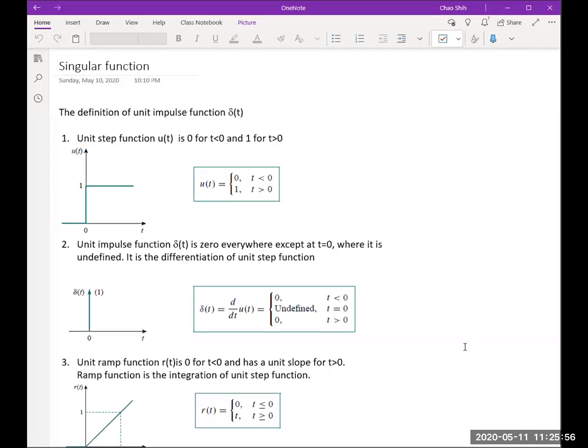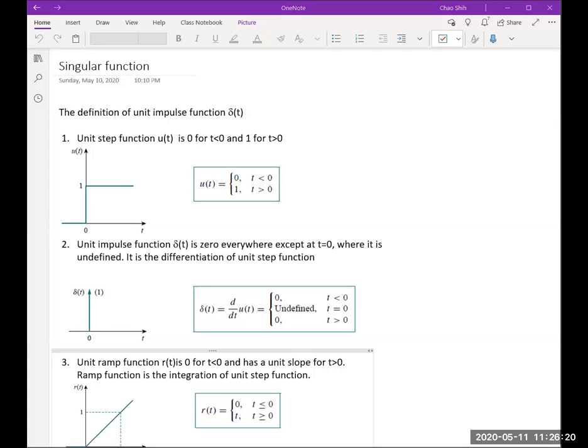So whether time is greater or less than 0 gives you that situation. That is the unit step function. Again, this works in many different fields. It doesn't have to be electrical engineering; in mechanical and all kinds of fields we specify this to simplify our work.